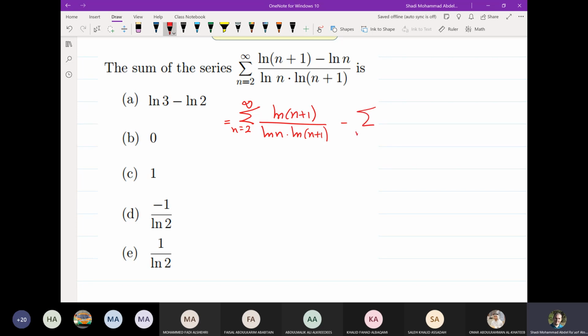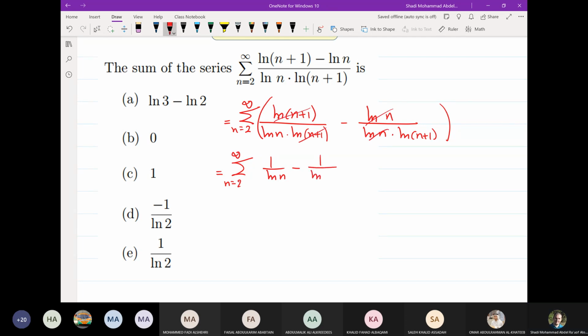Minus the sum from n equal 2, no need to split the sums, just like this. Okay, so this is my series, right? This is equal to the summation from n equal 2 to infinity of ln(n+1) over ln(n+1) minus ln n over ln(n+1), which will be just 1 over ln n minus 1 over ln(n+1).